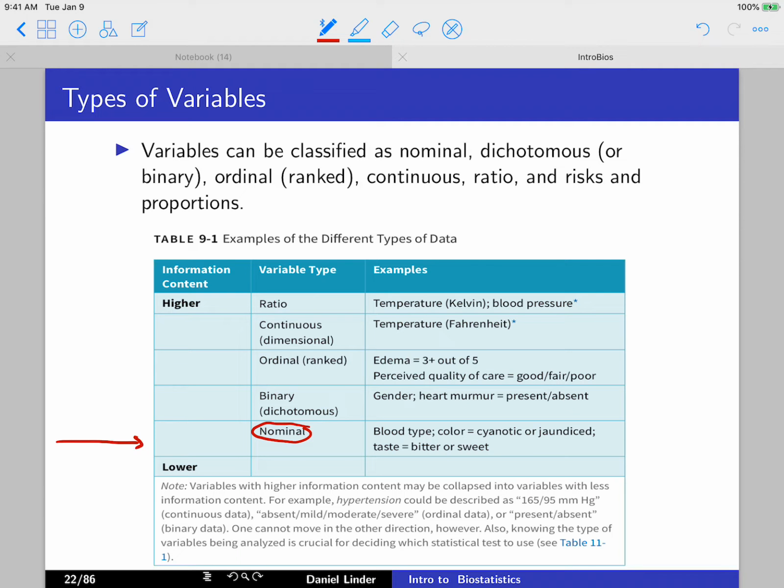The second type of variable in this table is the binary or dichotomous variable. So for instance, heart murmur, present or absent, HIV status, positive or negative. So these are variables that can take at most two different distinct values.